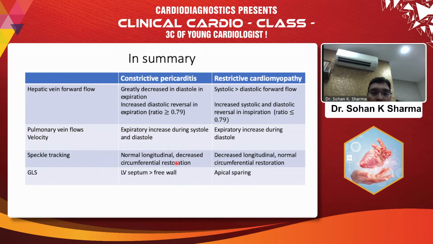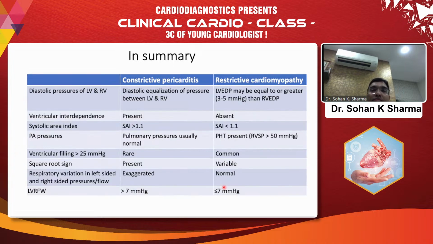Speckle tracking, the latest advancement in echo: normal longitudinal and decreased circumferential rotation, while decreased longitudinal and normal circumferential rotation in restrictive cardiomyopathy. In GLS, the LV septum is more than the free wall, as expected in constrictive pericarditis, that is global longitudinal strain, and apical sparing is seen in restrictive cardiomyopathy.